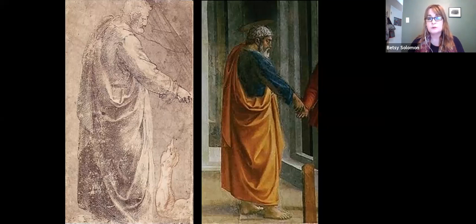Because Michelangelo would sit in the Brancacci Chapel as well as in many other places, and he would simply draw what he saw in those paintings. And that helped to inform his ability as an artist to sculpt as well as to paint. And of course, we'll be looking at Michelangelo in several weeks.